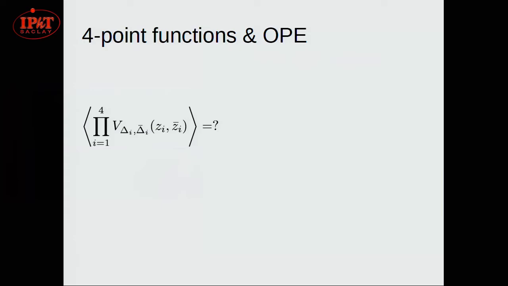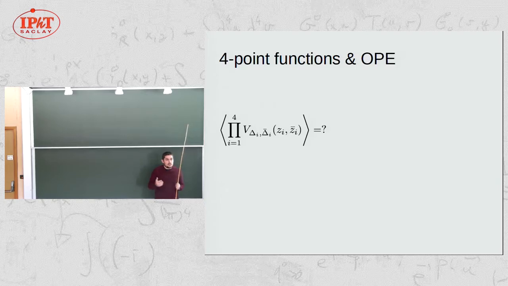Now, in the case of 4-point functions, the dependence on the space-time coordinate is non-trivial because we have a conformally invariant cross ratio on which they depend. And we are interested in computing the 4-point functions not only because they are the first non-trivial one, but also because in performing this computation we'll find constraints on the 3-point structure constants, which will allow us to solve the theory.